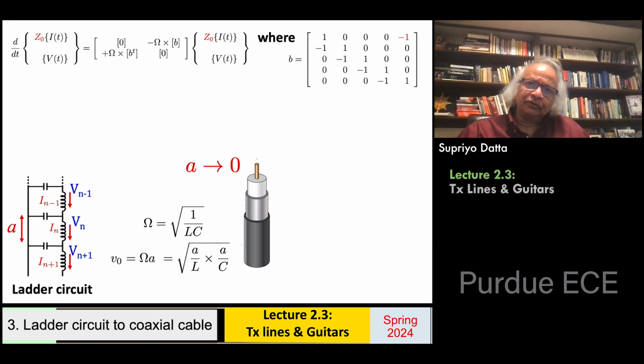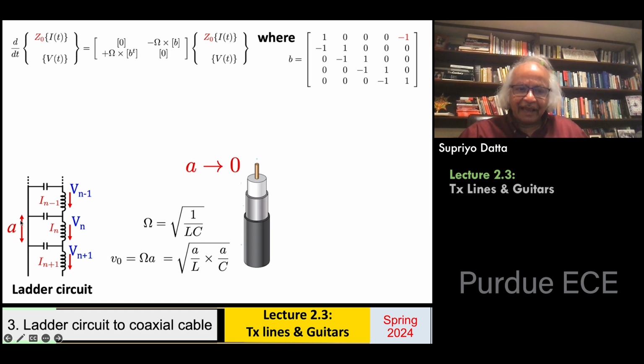And that's relevant to many physical systems. You see, some physical systems are indeed discrete, have discrete sections like this ladder circuit. True. But there are other physical systems like a coaxial cable, where you have an inner conductor and an outer conductor, and which can be modeled as little LC sections, but then it's continuous.